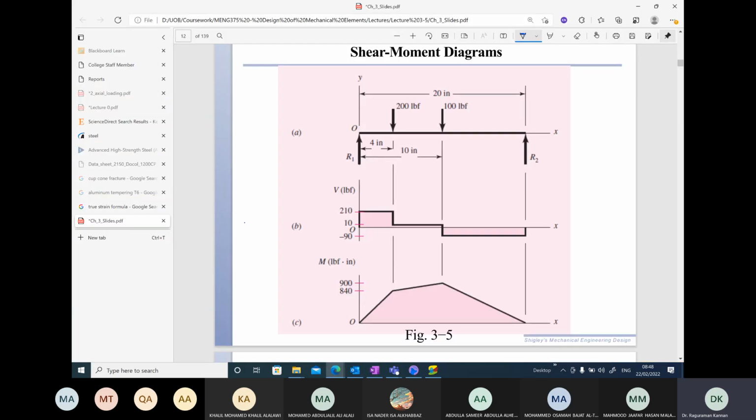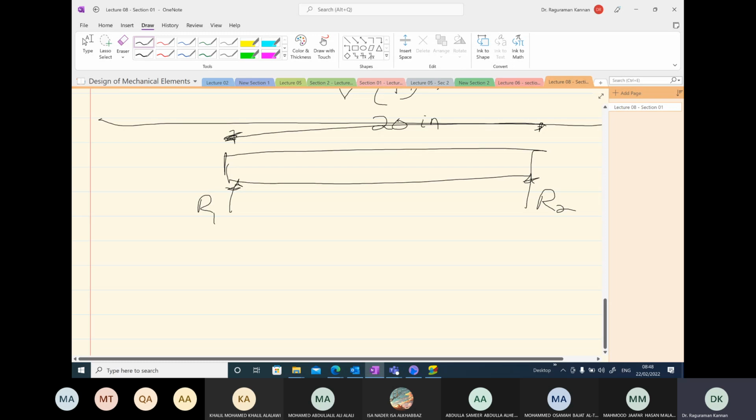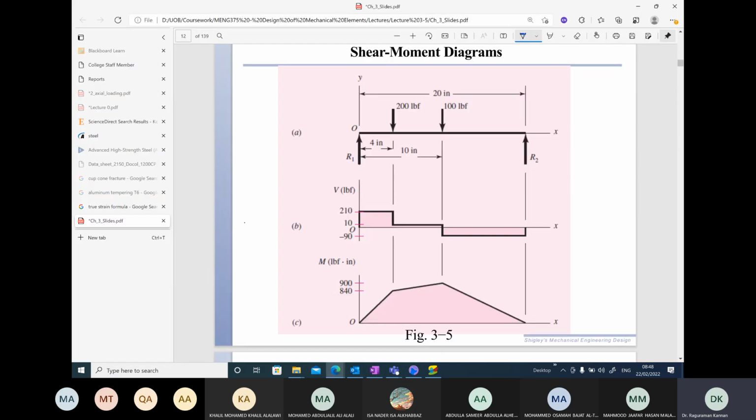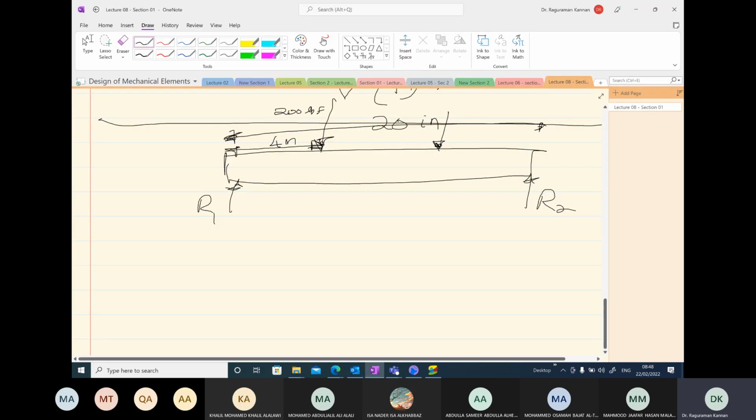Okay, so 200 and 100. We have 4 inches, a load of 200-pound force, and then 10 inches we have, what do we have here? 20.